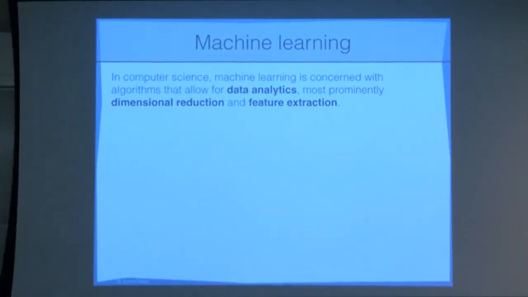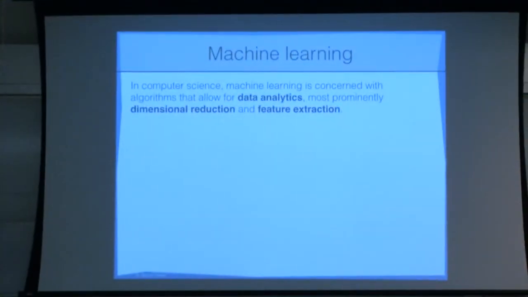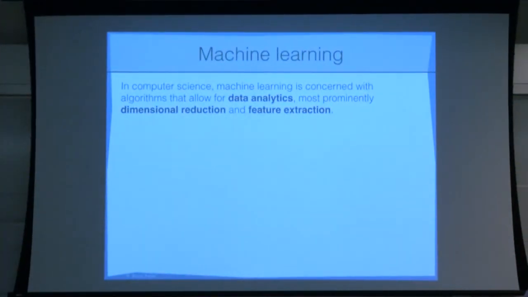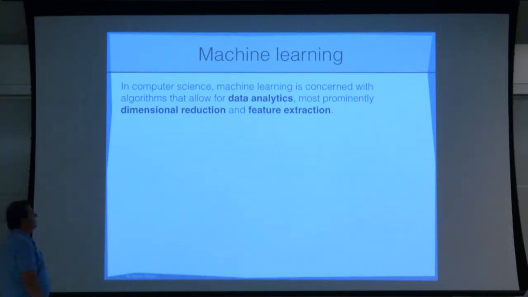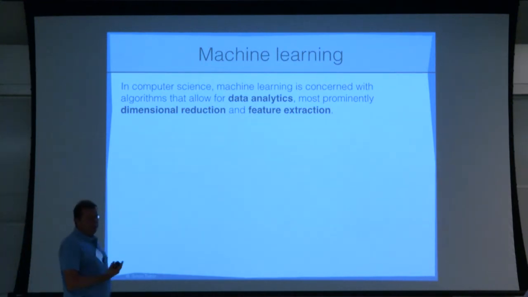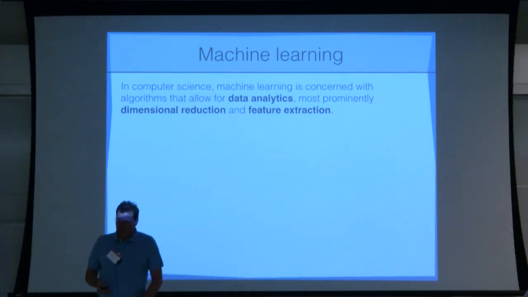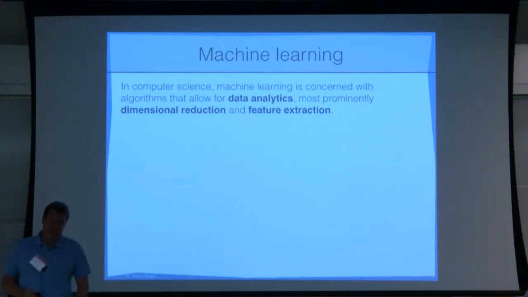So what's machine learning? If you walk over to the CS department here at Cornell, it's actually a very strong one, and ask what is machine learning, they will tell you, well, everything that we do here is about algorithms. It's about algorithms that we use for data analytics, and then they will say words like dimensional reduction and feature extraction that they want to achieve by using these algorithms on data, big data.